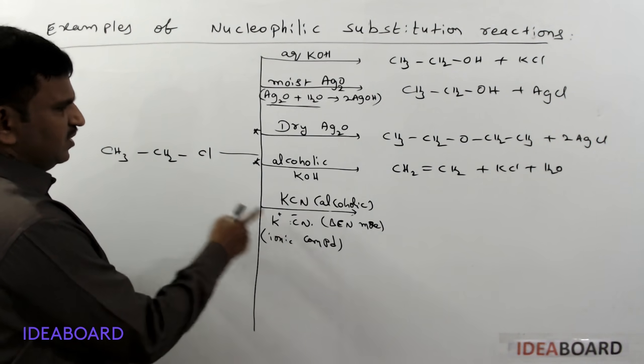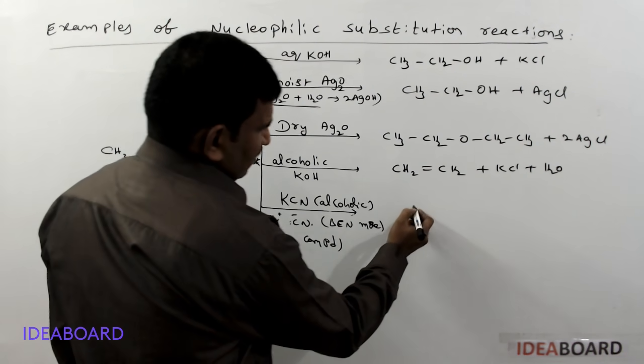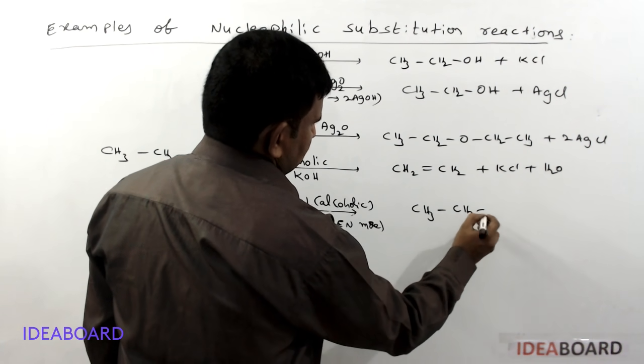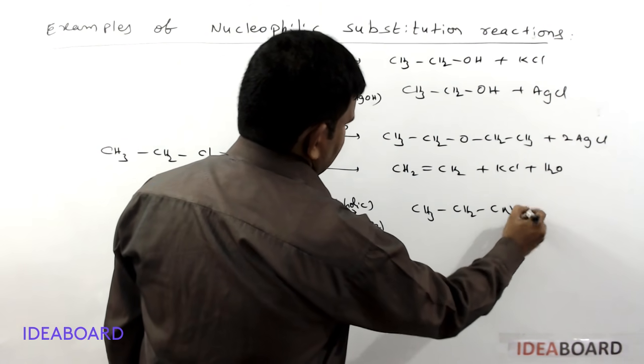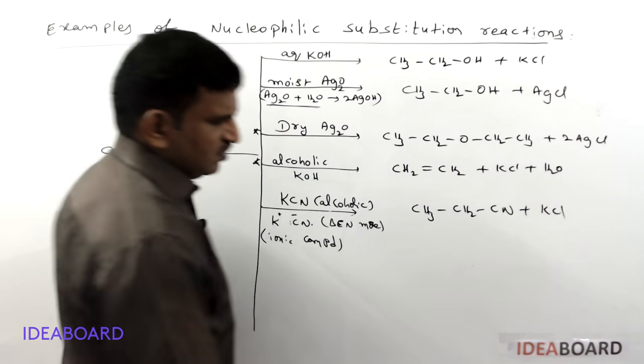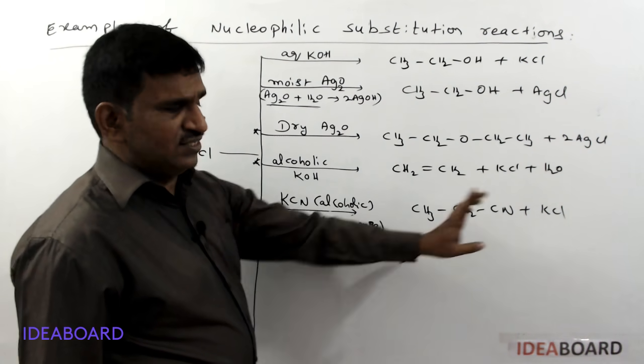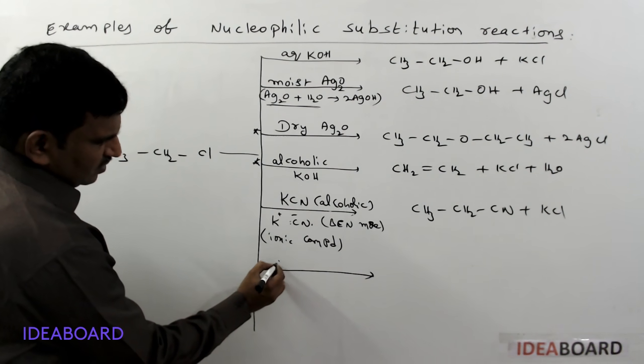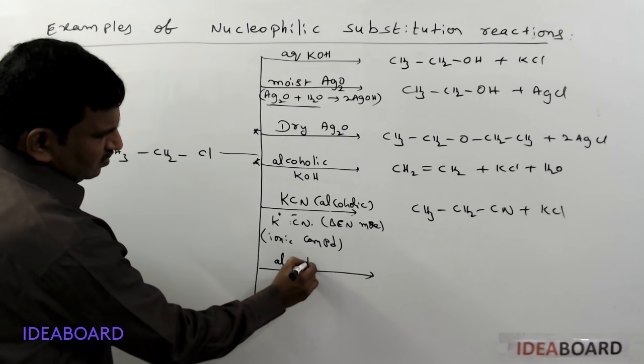Okay, and here carbon attacks as a nucleophile, so we get CH3CH2CH2CN plus KCl. This is called ethyl cyanide. Suppose you are taking alcoholic AgCN.